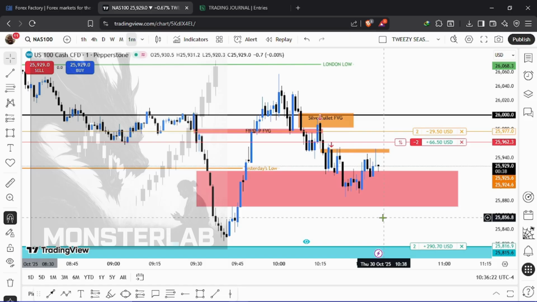So we are right back into our second entry, which is this small fair value gap around here. We might react from here because of taking this short-term high. Let's just wait and see what will happen.